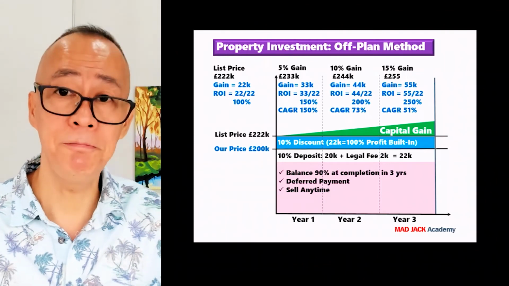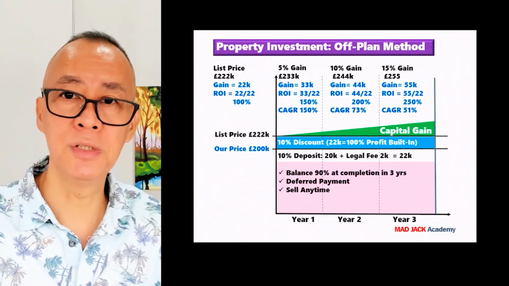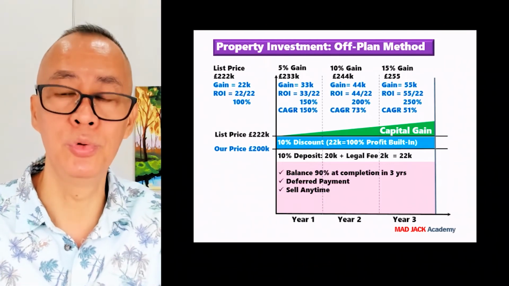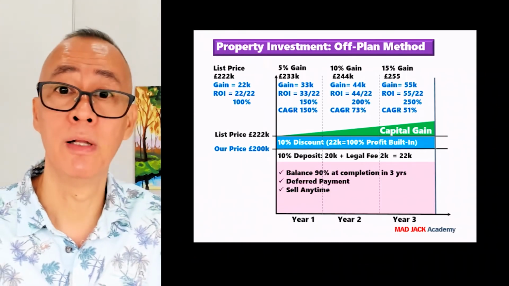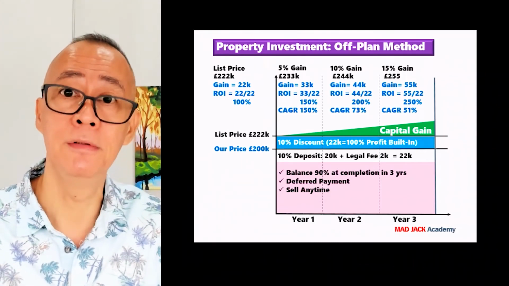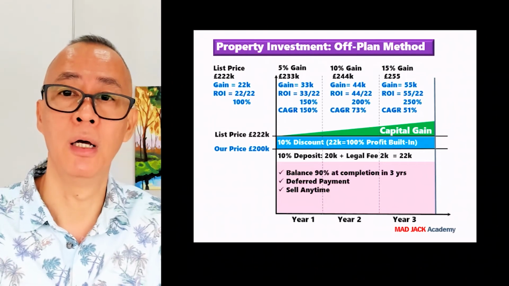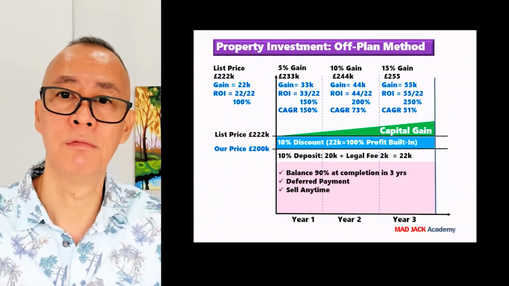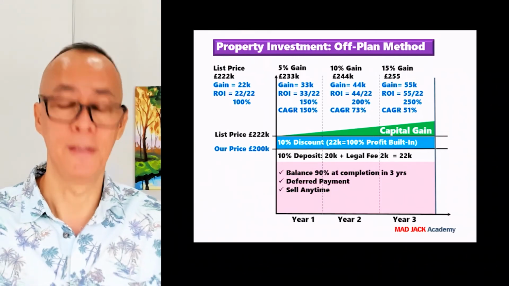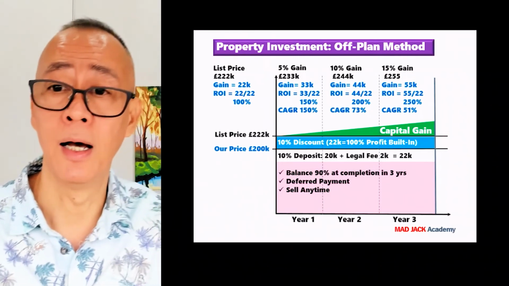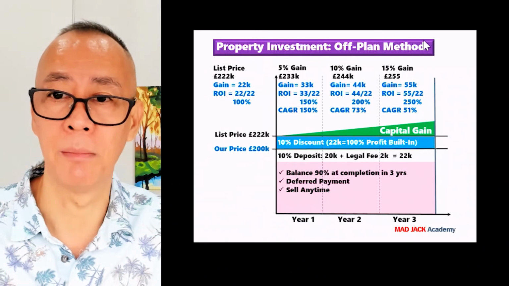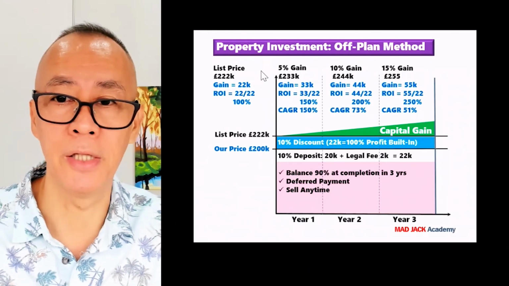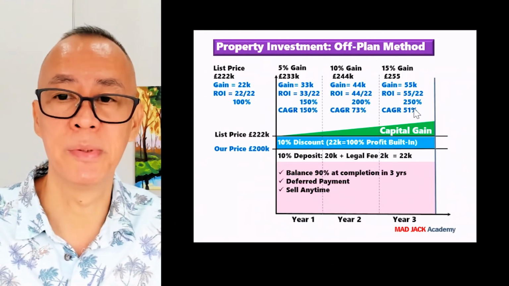So in 15 years, 100,000 becomes 3.2 million. That is a significant difference compared to an average investor with a compound annual growth rate like 3%, 5%, or below 10%.